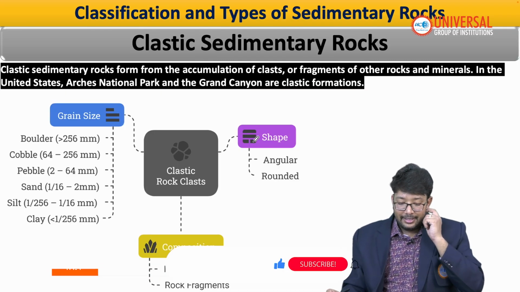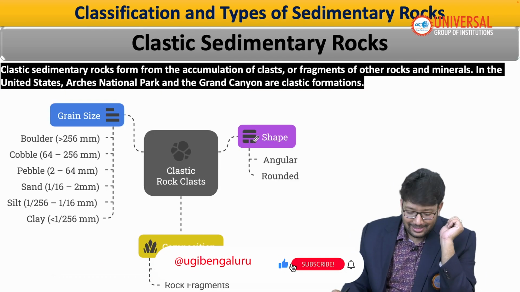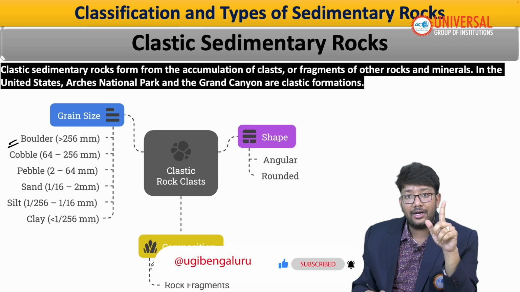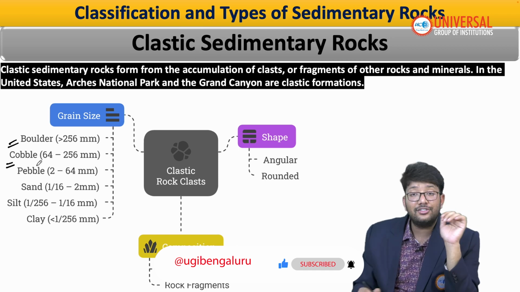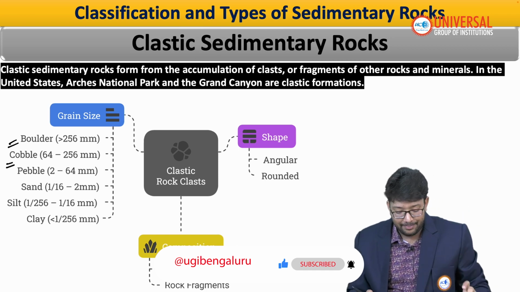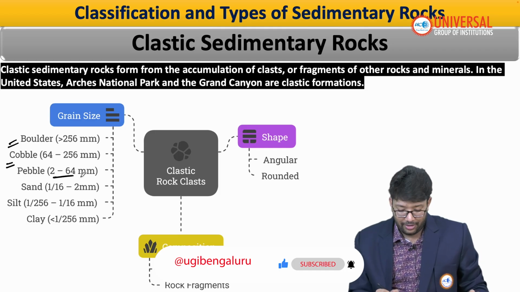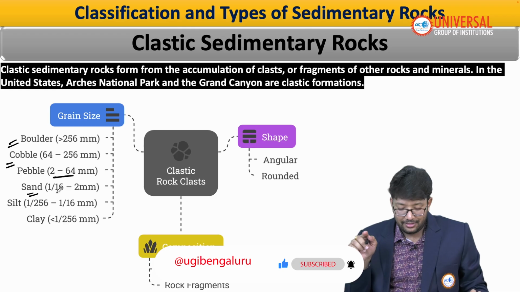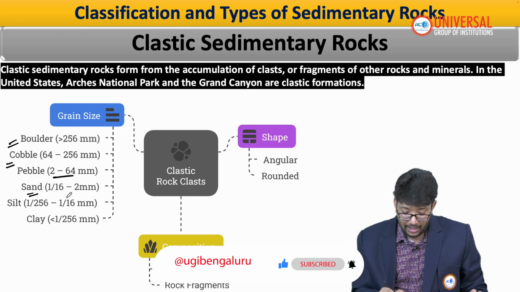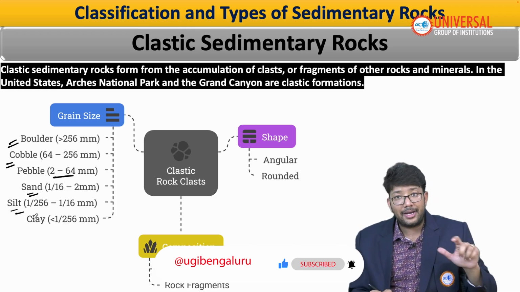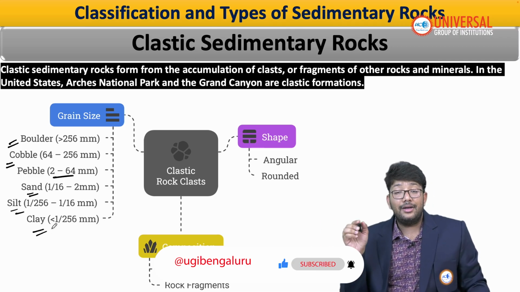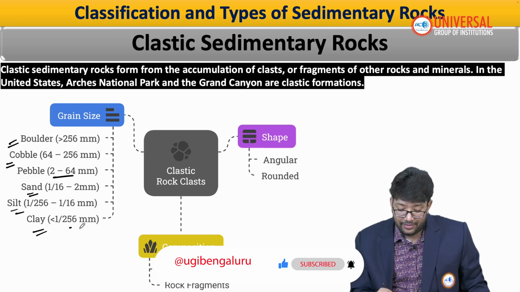Okay. If we talk about the grain size, you have to remember the grain size from the examination point of view. Boulder is greater than 256 mm, cobble 64 to 256 mm, pebble 2 to 64 mm, sand is 1/16 to 2 mm, silt is 1/256 to 1/16 mm, and clay is less than 1/256 mm.